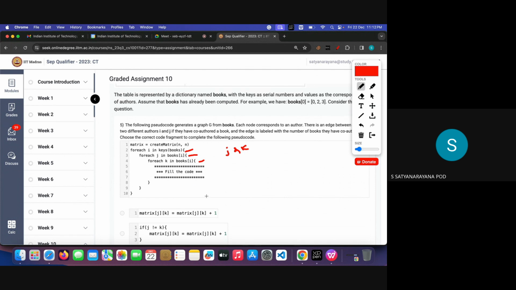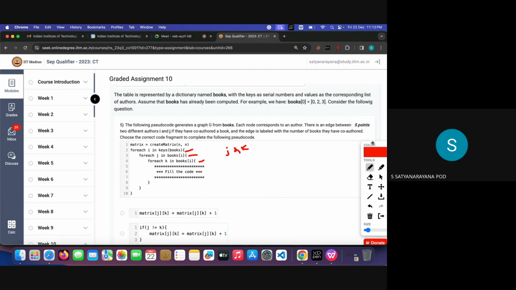So what exactly is the code doing? Matrix of JK is being set to matrix of JK plus 1. Why are they simply adding 1 without checking an if condition? I don't think the first one is right, because they said the number of books they authored has to be increased.